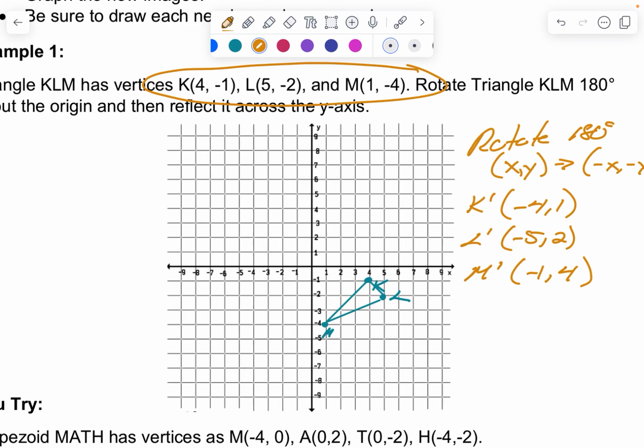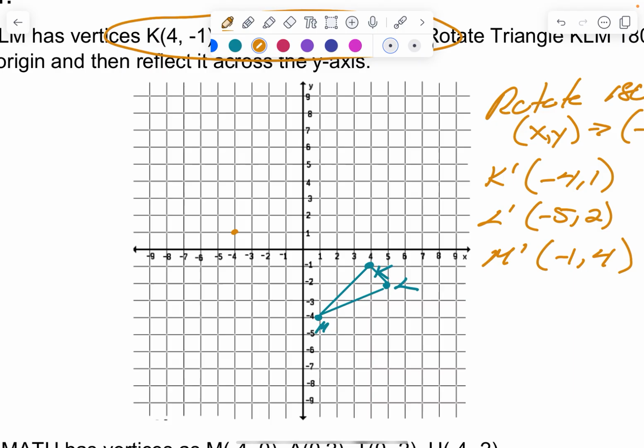So let's graph those. (-4, 1), that's my K prime. (-5, 2), there's my L prime. (-1, 4), M prime. Okay, so that looks good.